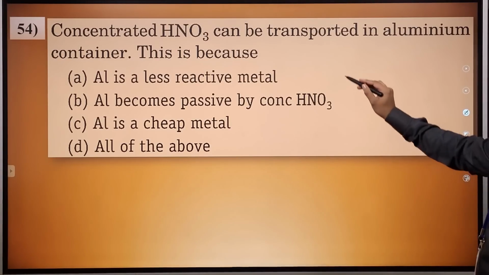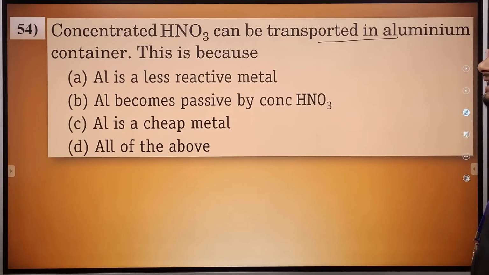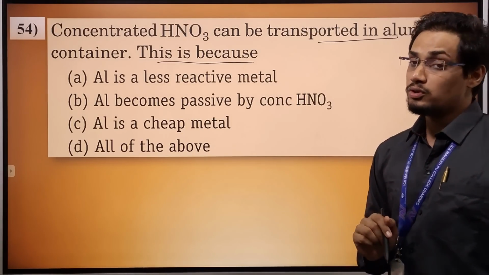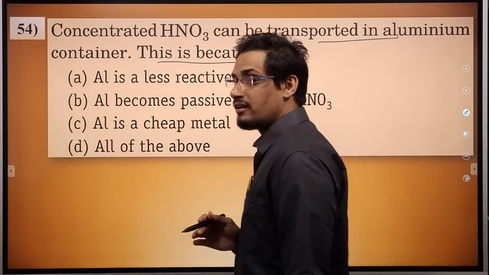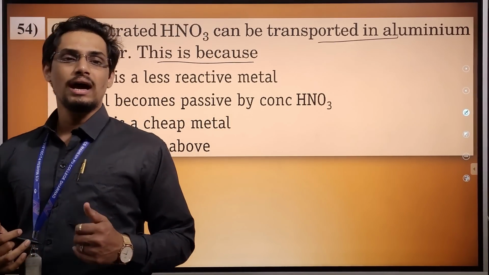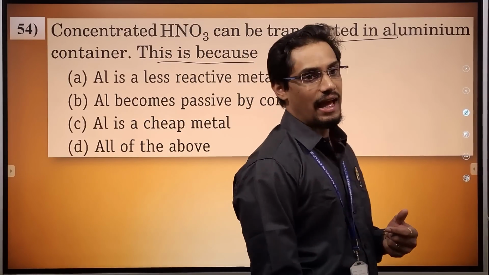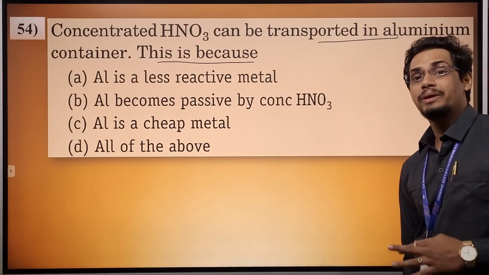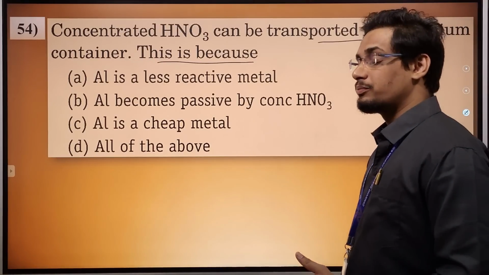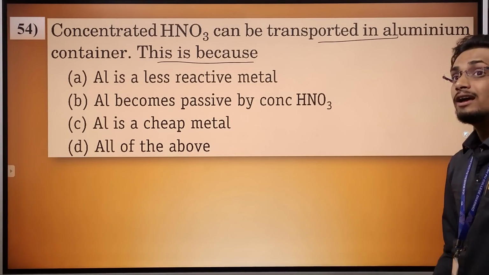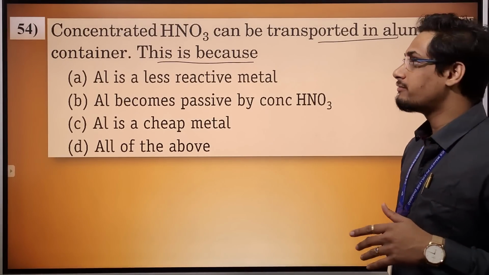Next question. Concentrated HNO3 can be transported in an aluminium container. This is a typical question which you can find. Though aluminium is most reactive and readily reacts with acid, since aluminium has a high negative reduction potential, it can be readily oxidized with acids.